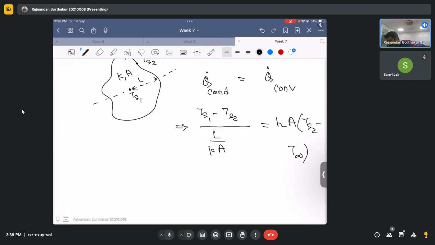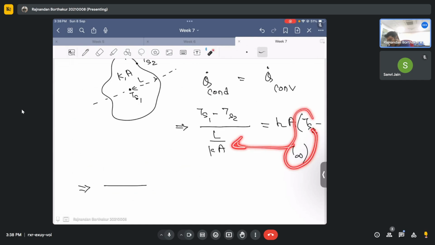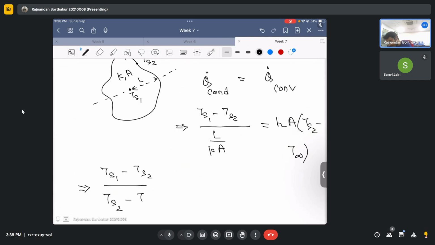So what I will now do is take this ratio. I'll bring this term to the denominator. Then it becomes TS1 minus TS2 by TS2 minus T infinity, and this becomes equal to L by kA divided by 1 by hA.